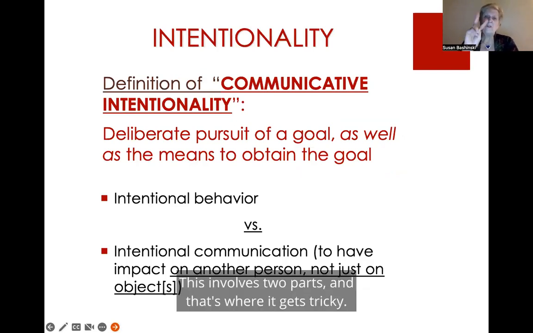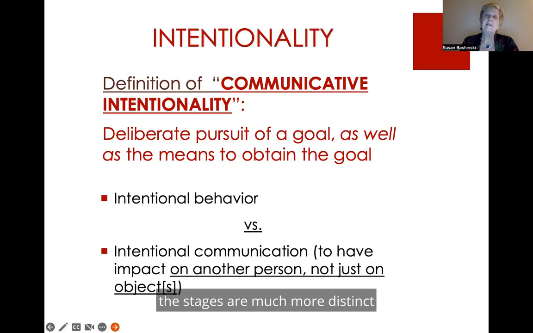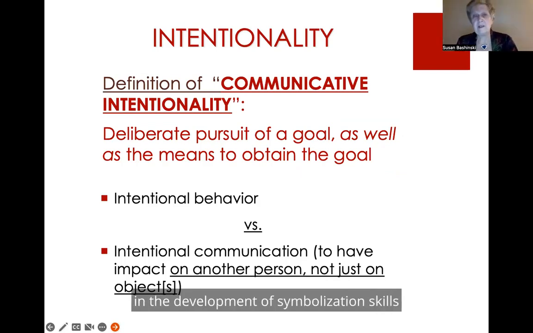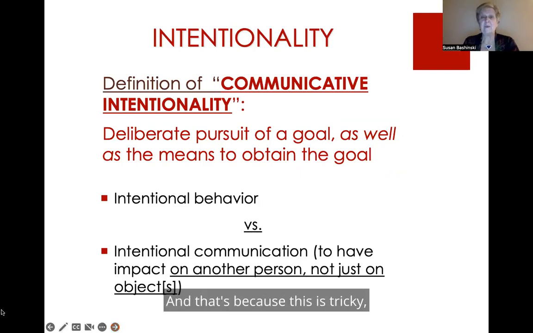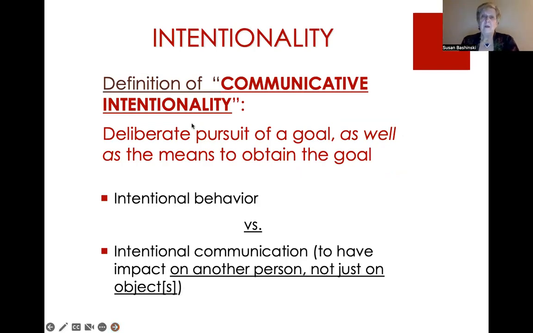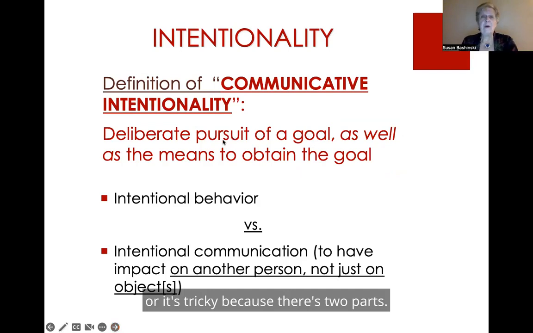This involves 2 parts, and that's where it gets tricky. If you have watched the symbolization recording, the stages are much more distinct in the development of symbolization skills than they are with intentionality. And that's because this is tricky. Or it's tricky because there's 2 parts. Communicative intentionality involves the deliberate pursuit of a goal.